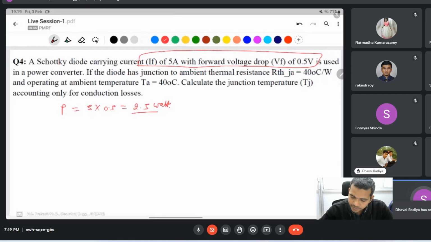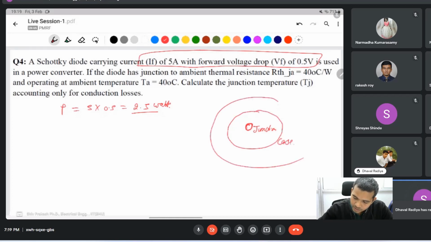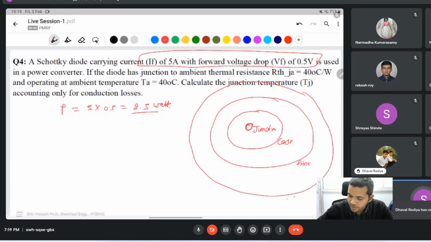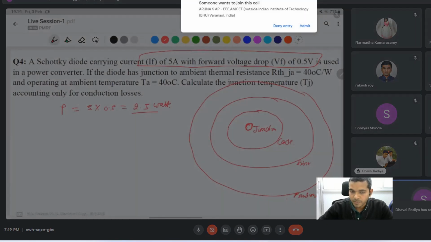Here the thermal resistance is given. First, you know about the steps of thermal resistance. This one is the junction, then this one is the case, this one is the sink, and this one is the ambient, the outside temperature.